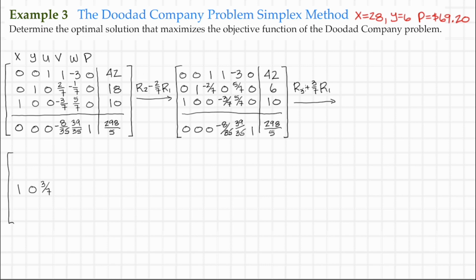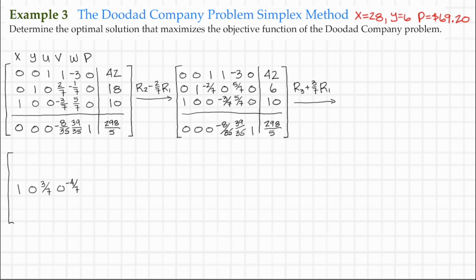Negative 3/7 plus 3/7, of course, is 0. That's the whole idea again. Negative 3 times 3/7, that's negative 9/7. 5/7 minus 9/7, negative 4/7.